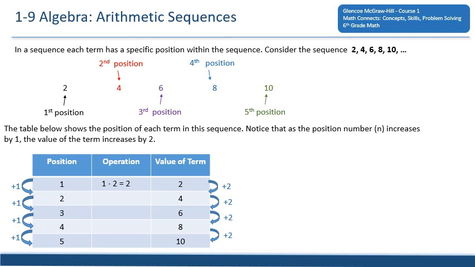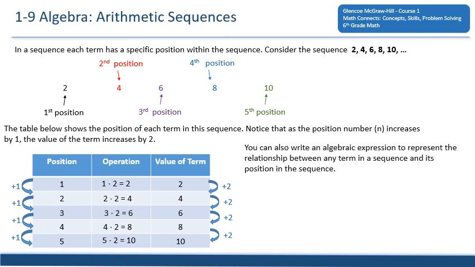So if we do the math out, it's 1 times 2 equals 2, 2 times 2 equals 4, 3 times 2 equals 6, 4 times 2 equals 8, and 5 times 2 equals 10.